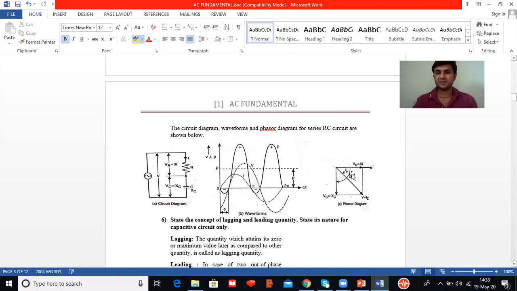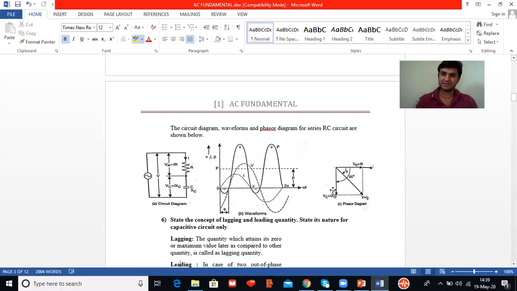In this phasor diagram, in case of a series circuit, the current is the same. In case of resistance, the voltage across the resistor and the current are in phase, so VR and I are in phase.